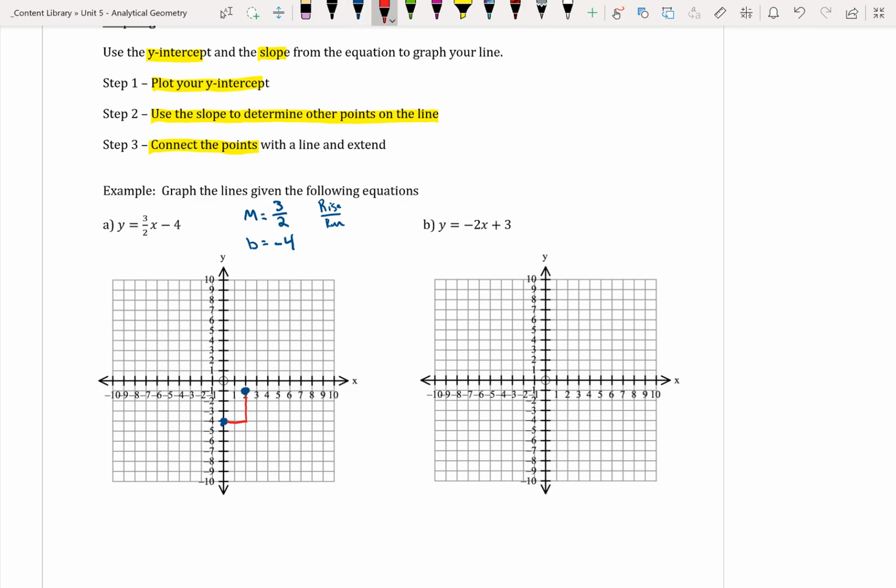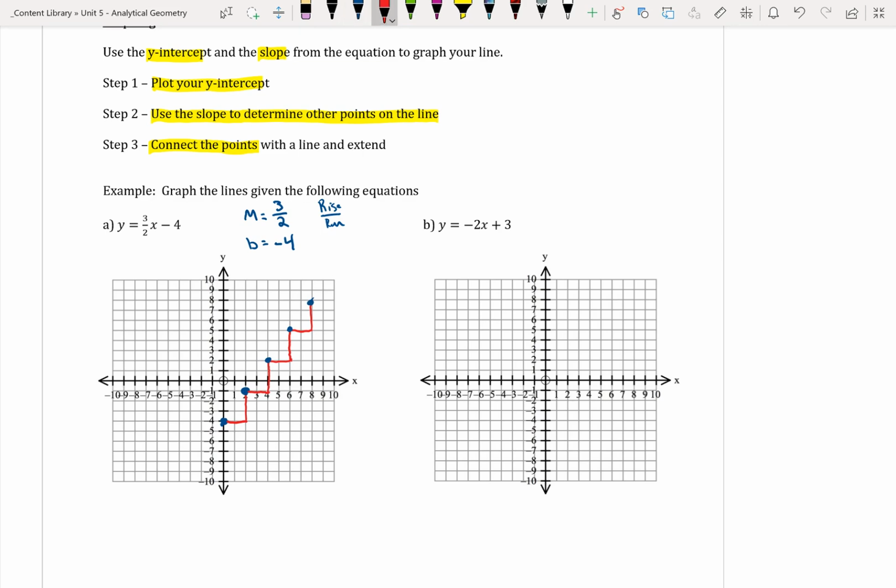Because I want to find more points to help me graph it, I'm going to continue that pattern: over 2, up 3, over 2, up 3, over 2, up 3. Just draw it a little neater. And that helps me find more points on my line.